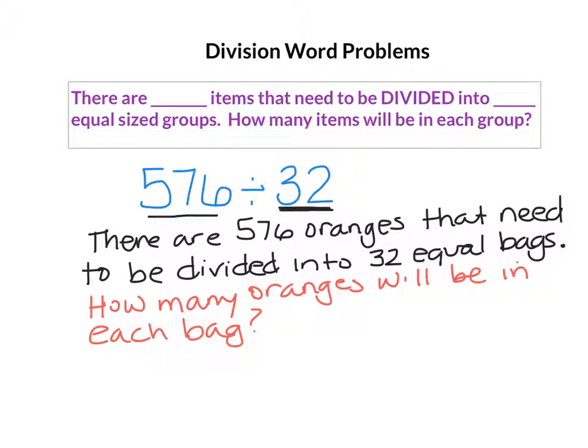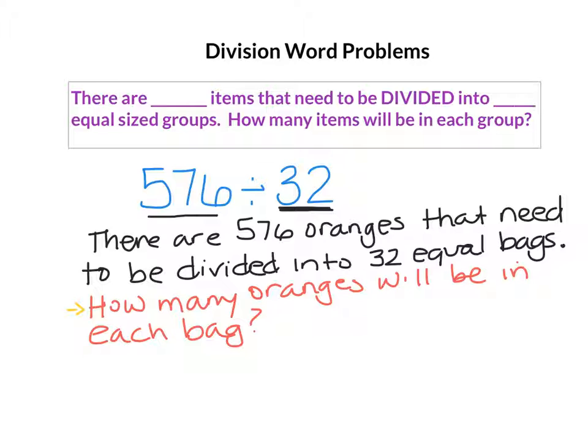This is what I want to know. How many oranges will go in my bags? I have 32 bags, and I have this big trash can full of 576 oranges. I need to split them equally into bags and find out how many oranges will go in each bag.